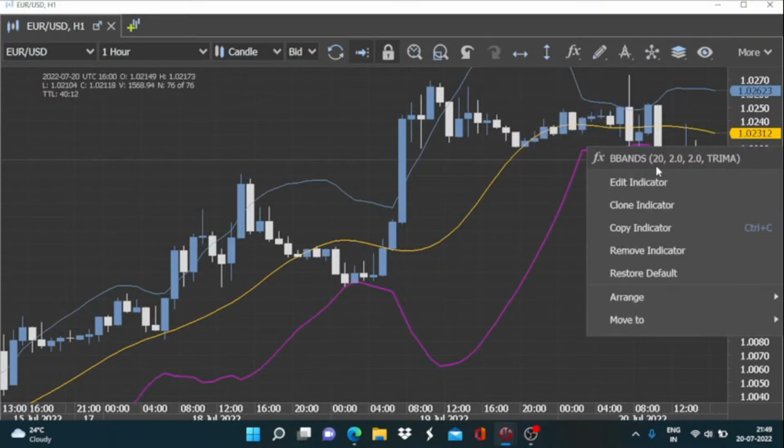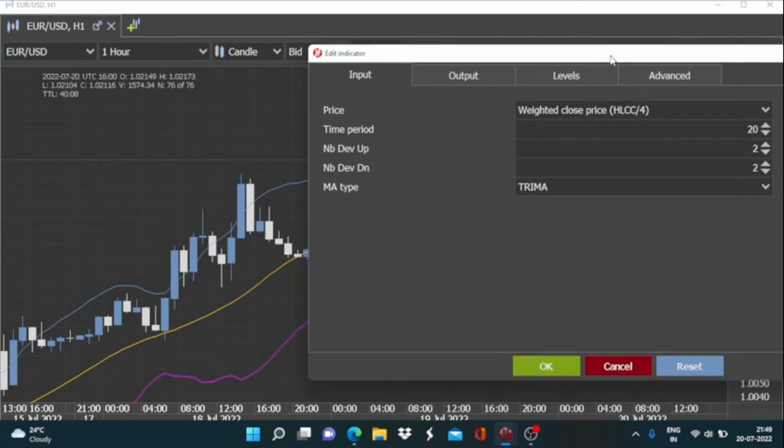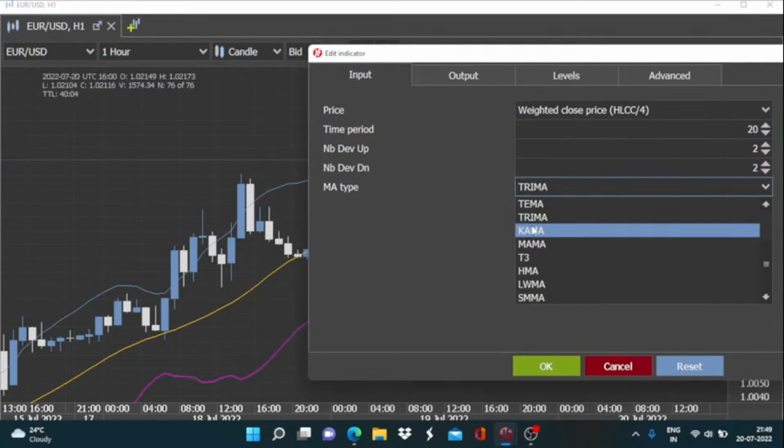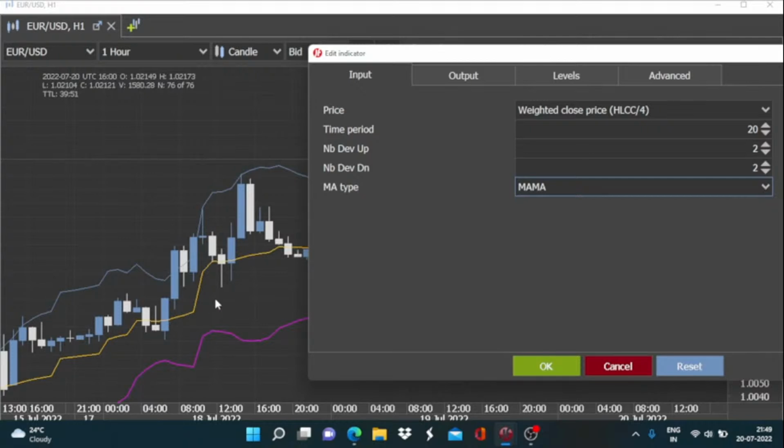Okay. Now coming to these moving averages, there is the KAMA. So you can try out all these options one by one. MAMA, this moving average gets plotted in a stair-like manner. So we have a zigzag kind of line.